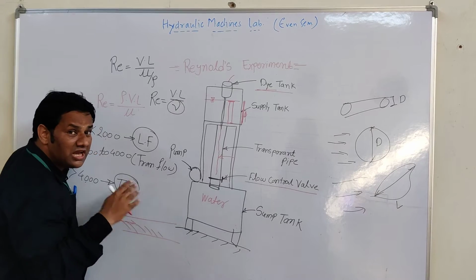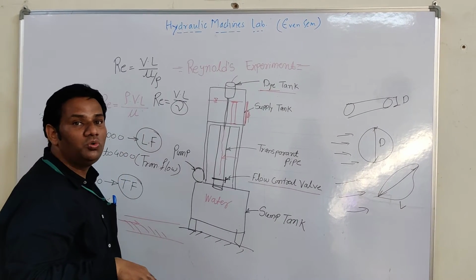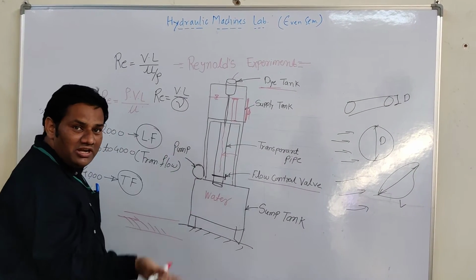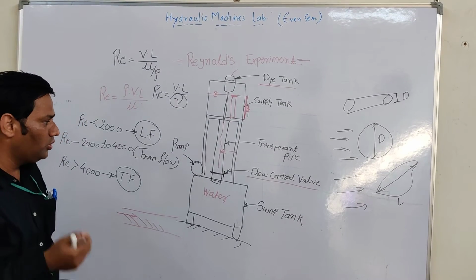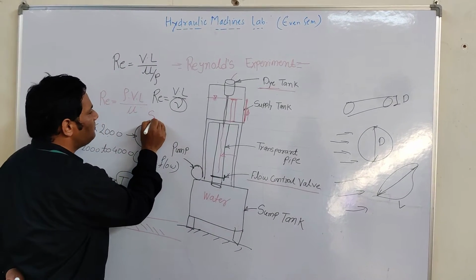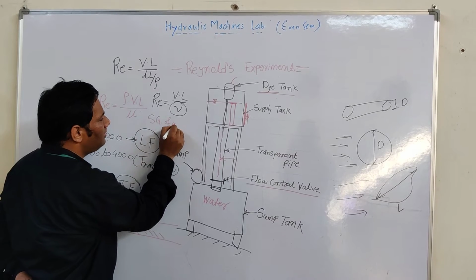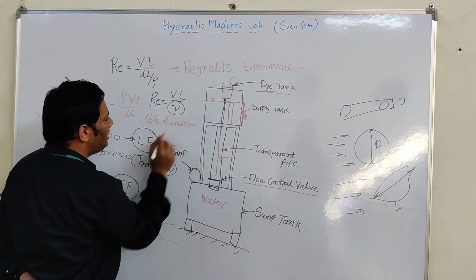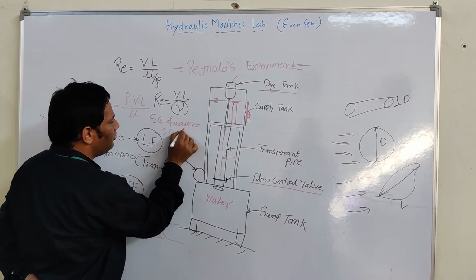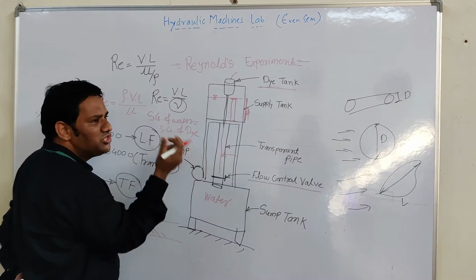That's why the specific gravity of water is exactly equal to the specific gravity of dye here. Dye means one color.